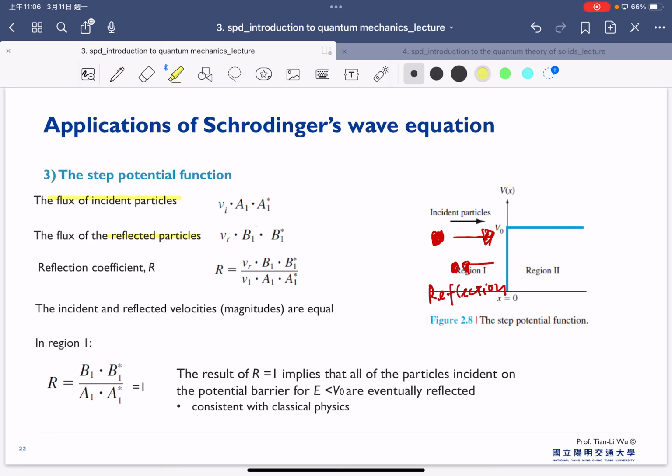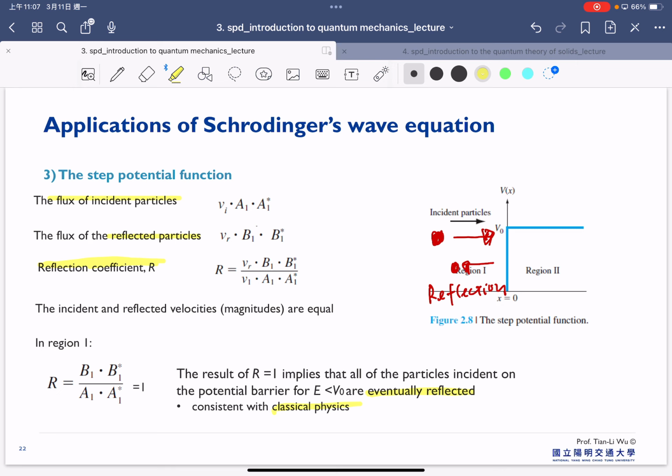And the reflection coefficient can be found from here. So in region 1, the result of R equal to 1 implies that all the particles incident on the potential barrier for E smaller than V0 are eventually reflected. So that means whatever you injected is all reflected, and that is consistent with classical physics.